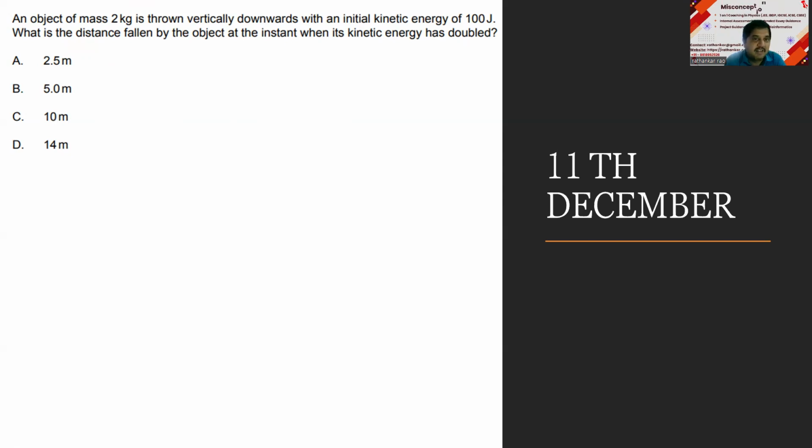I hope when you read the second line, you would have got the correct answer, which tells you that when the particle starts coming down, kinetic energy should increase and potential energy should decrease, right? Because the height is decreasing with respect to the ground. Now think about what is the distance fallen. Very, very easy question based on conservation of energy.